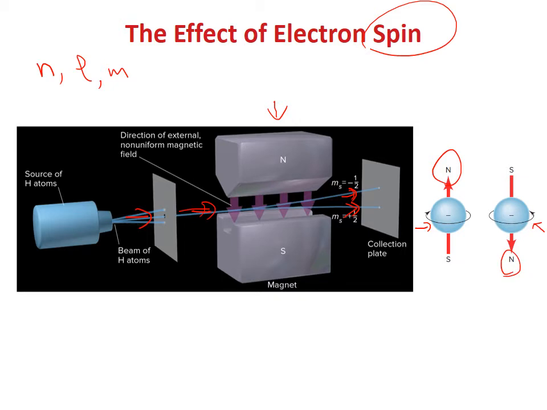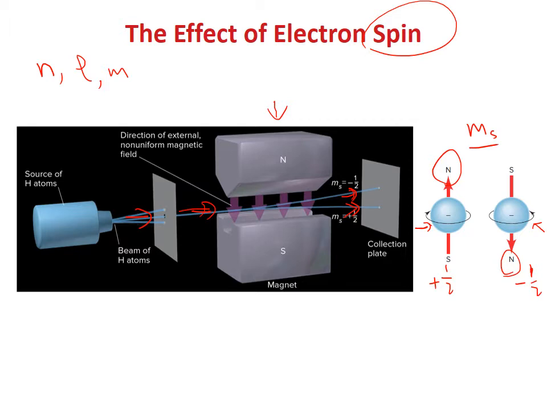And therefore, when these atoms pass through magnetic field, they split into 2 traveling directions. The spin directions, clockwise and counterclockwise, are specified by the spin quantum number ms. One is positive half, one is negative half.